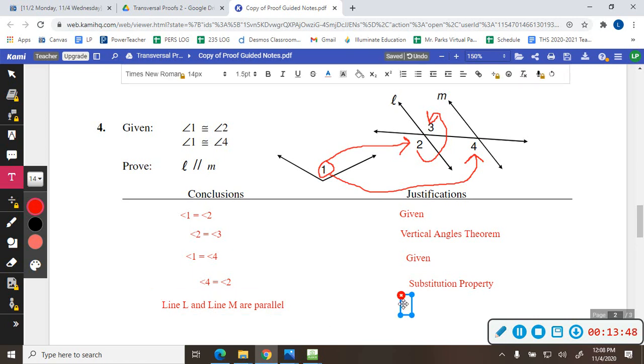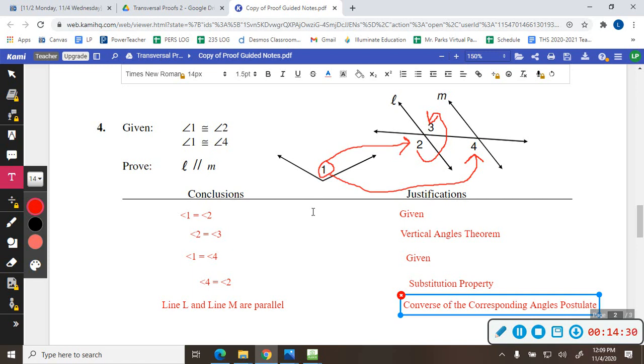The converse of the corresponding angles postulate says that if you could show that 2 equals 4, if you could show that this measure equals this measure, then that's enough to show that the lines are parallel. So if 2 equals 4, then we know that those are parallel by the converse. So converse means like the opposite is true. Well, not exactly, but pretty much. So I just proved by using this information that L and M are parallel.